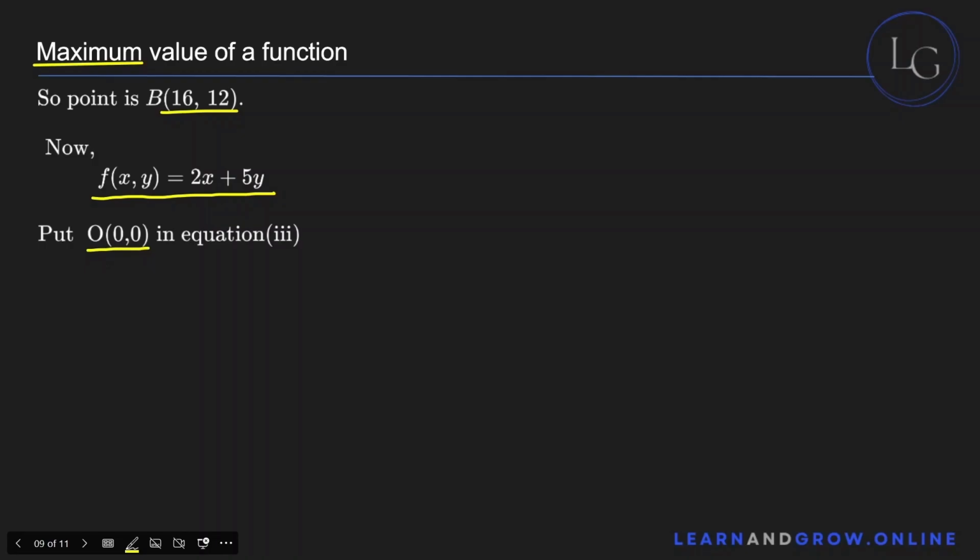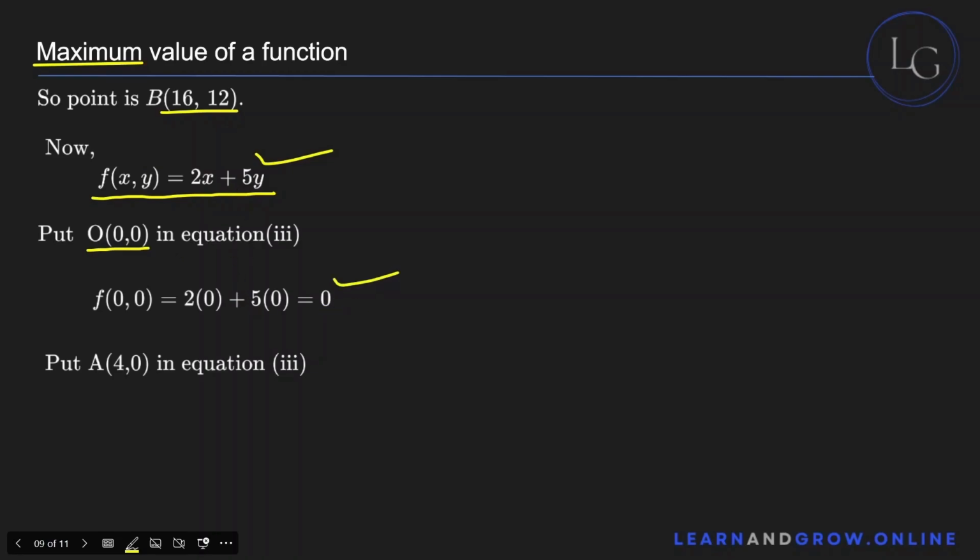When you plug 0 in this objective function, you get 2 into 0 plus 5 into 0, which is simply just 0. So you have one value, which is 0. When you plug in the value of A, which is 4, 0, in the function, you get 2 into 4, because 2x, and 5 into 0, because 5y, and you get the value as 8. You have this as the second value.